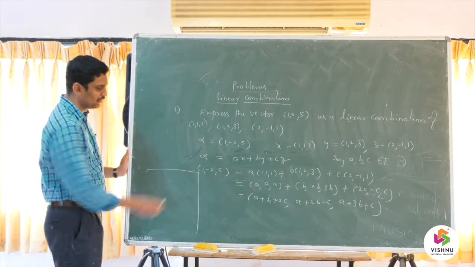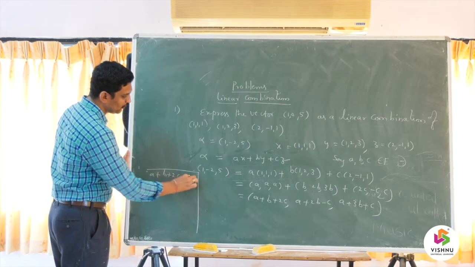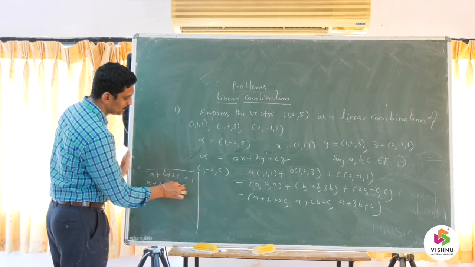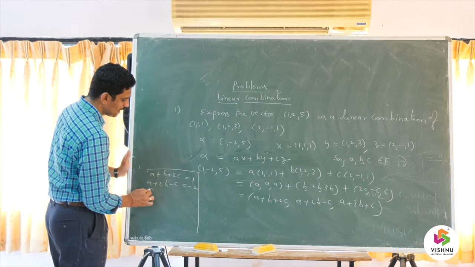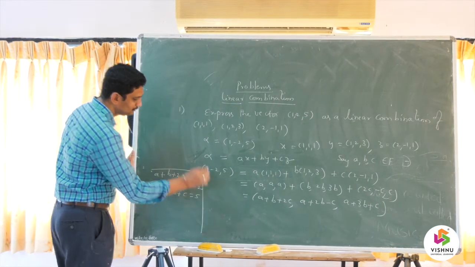We have the corresponding equations like this: A plus B plus 2C equal to 1, A plus 2B minus C is equal to minus 2, and A plus 3B plus C equal to 5.